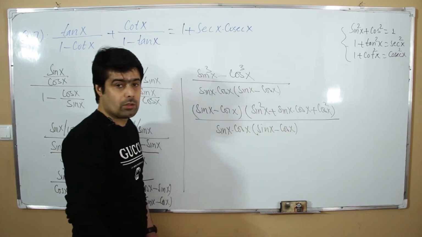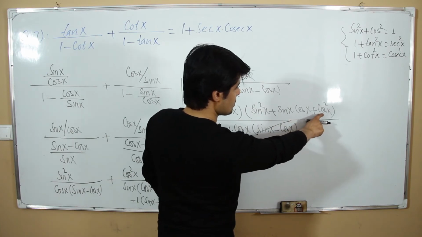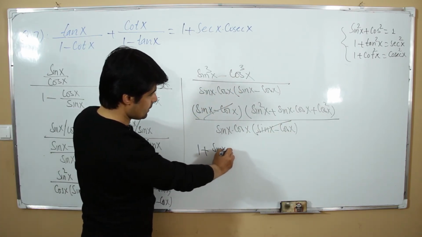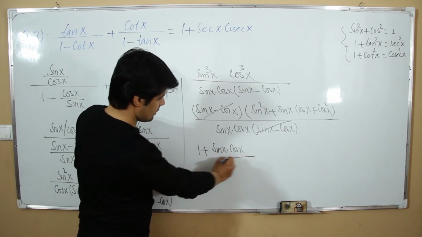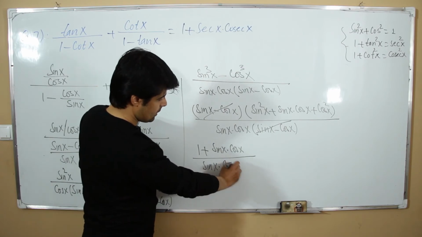Am I right or not? Yes. Now it is cancelled. Sine square plus cosine square is 1, plus sine x cosine x, divided by sine x times cosine x.